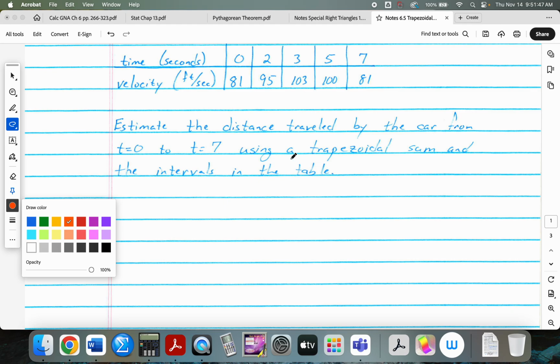Basically what we're going to do is instead of using either 81 or 95 as the velocity for this entire interval, we'll use the average of those two as the velocity for that interval.